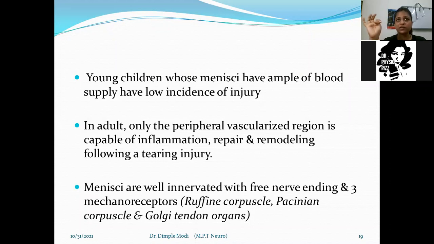There are different mechanoreceptors, the Golgi bodies, Ruffini's corpuscles, and the Pacinian corpuscles, which sense if there is a little injury in the menisci, and give pain sensation also, after a meniscal tear.